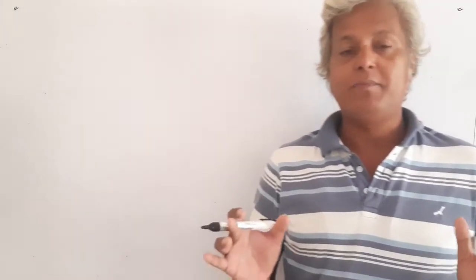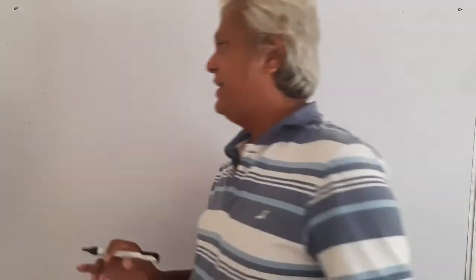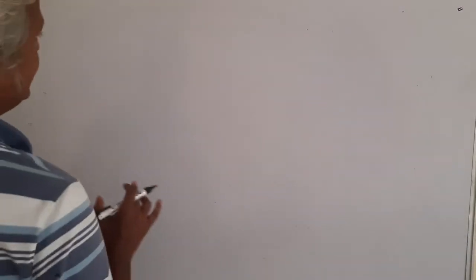Very good morning friends, and in this video we are going to discuss how to differentiate implicit functions. Now what do you mean by implicit functions? Implicit functions are not direct functions.